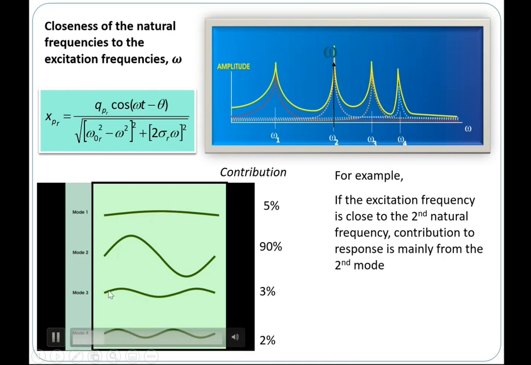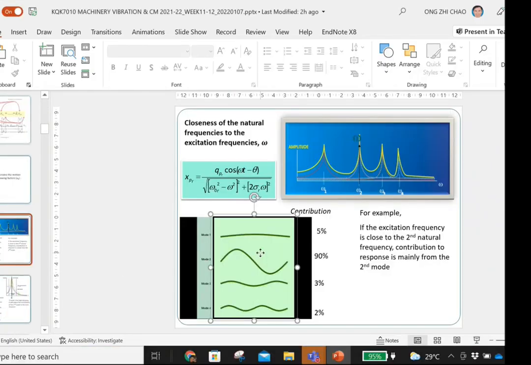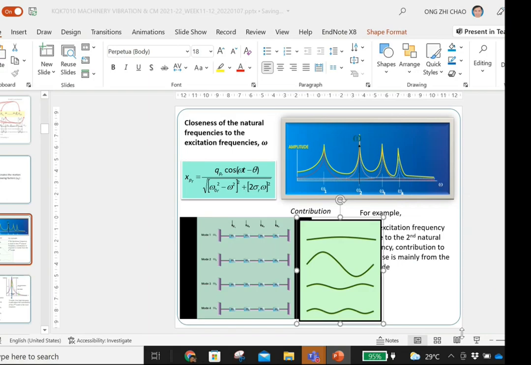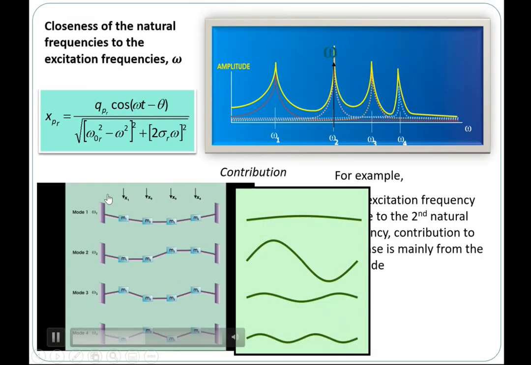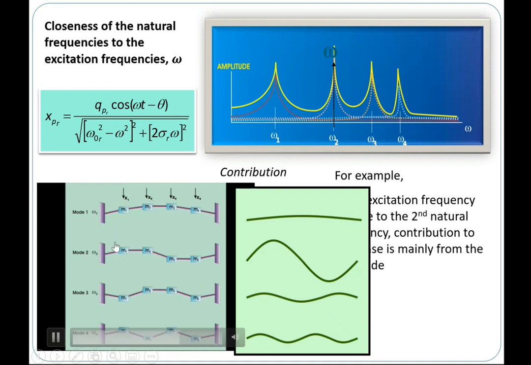So you can see that the vibration you obtain from that system, in this case the beam itself, vibrates like this, which is contributed mainly by mode 2. Probably you can have a look. Just now we said these are the modes, right? Mode 1 will go like this, mode 2 like this, mode 3 like this, mode 4 like this.